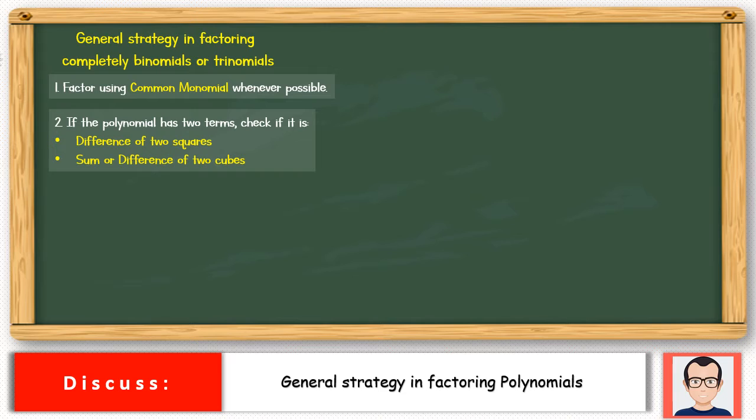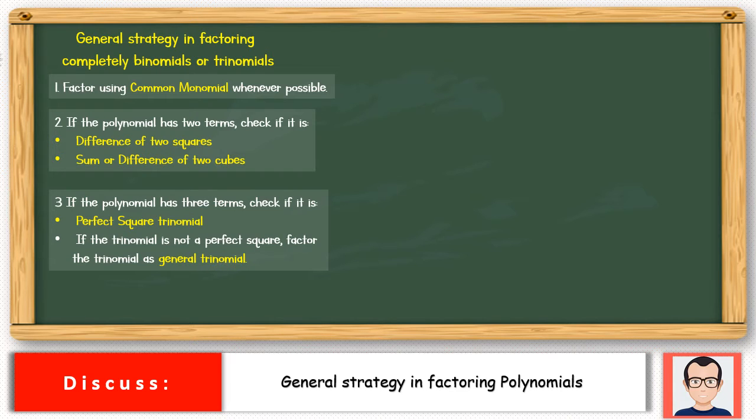Number 3. If the polynomial has three terms, check if it is a perfect square trinomial, or if the trinomial is not a perfect square, factor the trinomial as general trinomial. Lastly, continue factoring until each factor is prime.